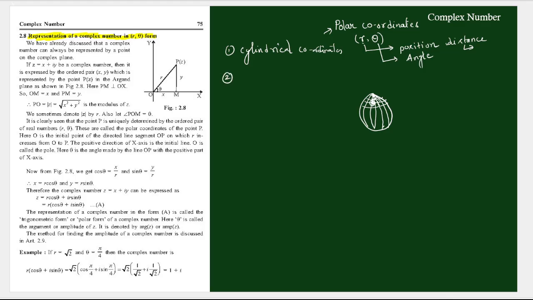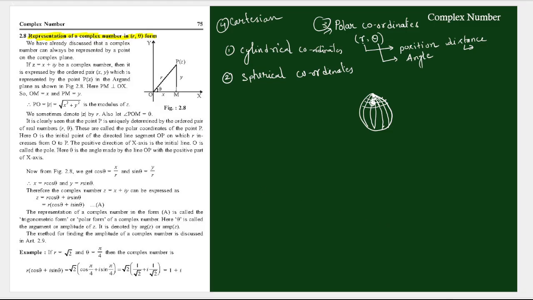Then we have spherical coordinates, which is our latitude and longitude on a sphere. Our earth is a sphere, a 3D shape, right? This is also another polar coordinate. Then we have the Cartesian coordinate system.